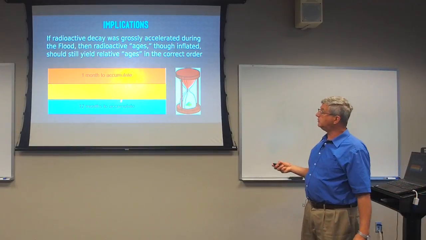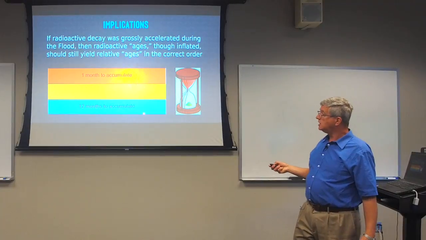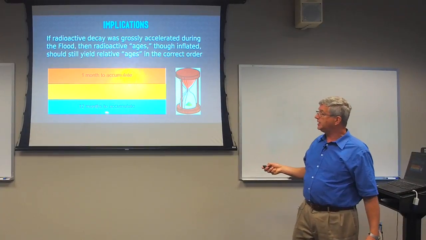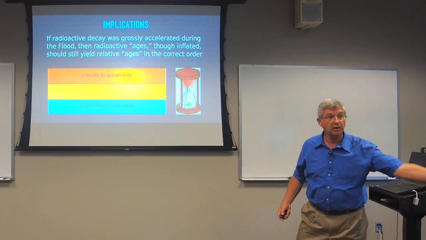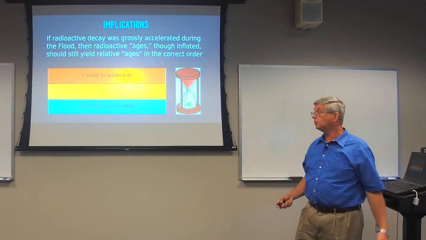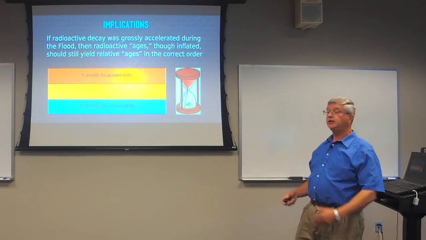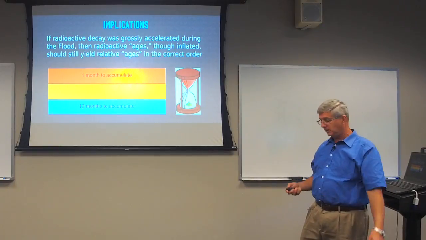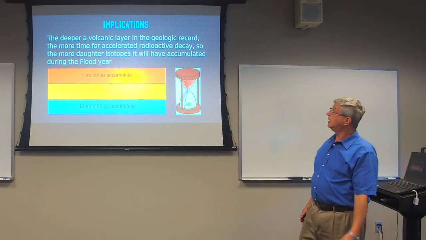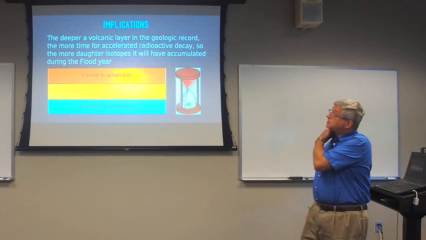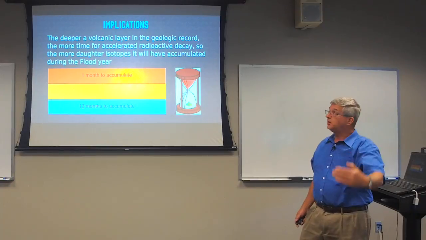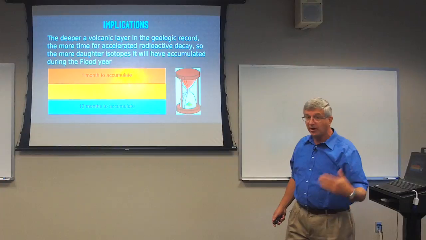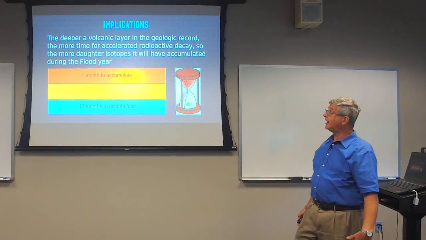So when you date these rocks, this rock should give an older age because it's had 12 months' worth of rapidly accumulated daughters, and this one should give a younger age because it's only got 1 month's worth of rapidly accumulated daughters. And so that tells us how we can use these as relative ages, not absolute, but relative ages.